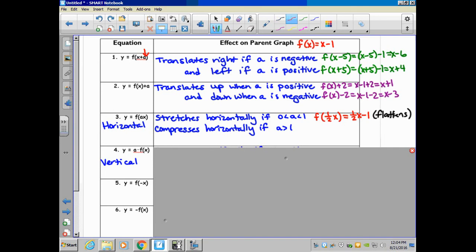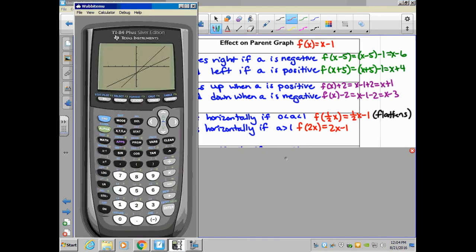All right, it compresses horizontally if a is greater than 1. So if we try multiplying by a number bigger than 1, let's try 2, it'll be 2x minus 1. So there's the original function.